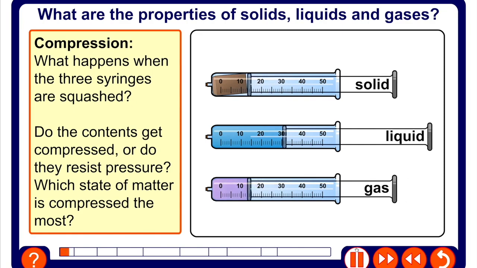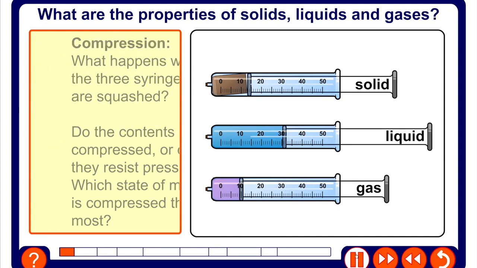From here, I can see that the solid wasn't able to be compressed. Not even the liquid was able to be compressed, but the gas was compressed, it was squashed. This is because gases have plenty of space between their particles. So in terms of compression, the only state that can be compressed is gases.